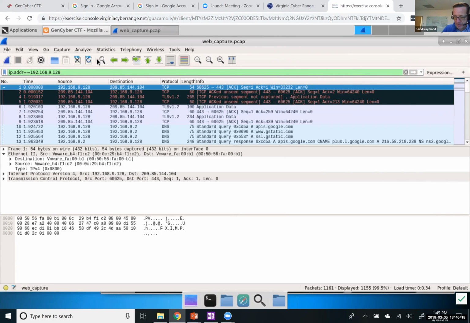So IP address is at layer 3, MAC address is at layer 2, and if I look at my Ethernet frame here that sits right below the IP header, I see that the MAC address is 000C29B4F1C2. So let's see if I can just cut and paste that out of there.